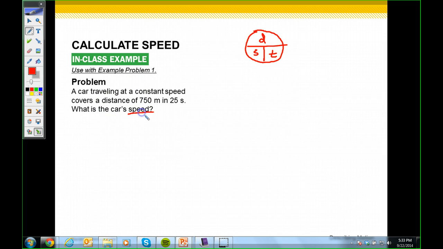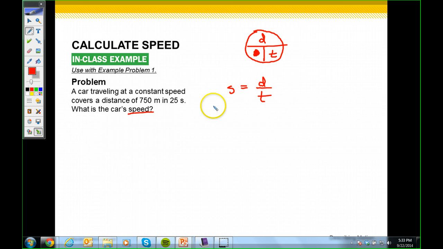We want to know the car's speed. We know the distance, we know the time. So I want to know the car's speed, we need to take distance divided by time. So speed equals distance divided by time.